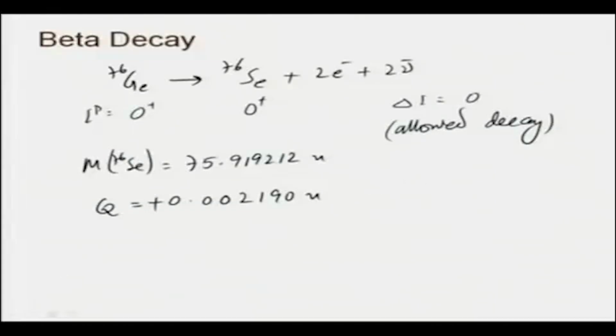We are not worried about the magnitude as such, but we want to check whether it is possible energetically or not. Q should be larger than 0, which is the case here. So, energetically allowed, no problem.